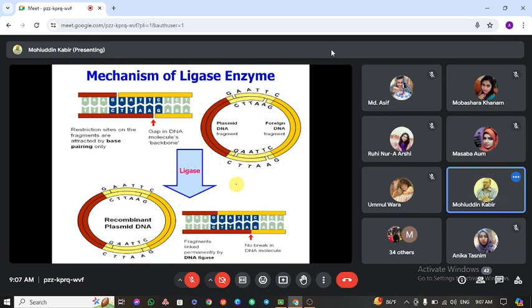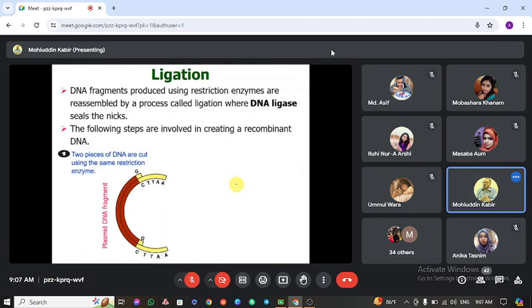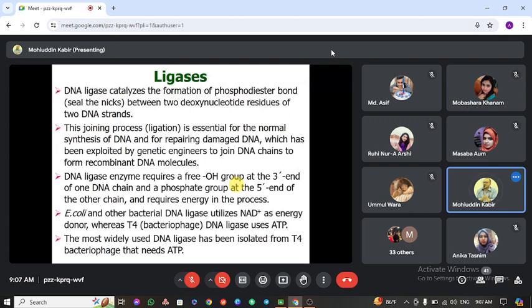So the main function of the DNA ligase is to form the phosphodiester bond between two nucleotides. And the joining process is called the ligation.